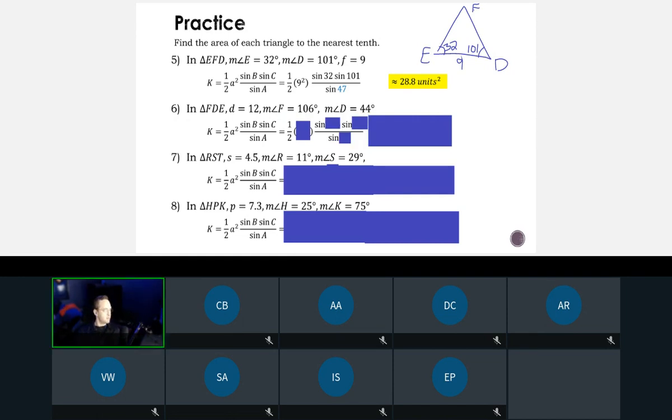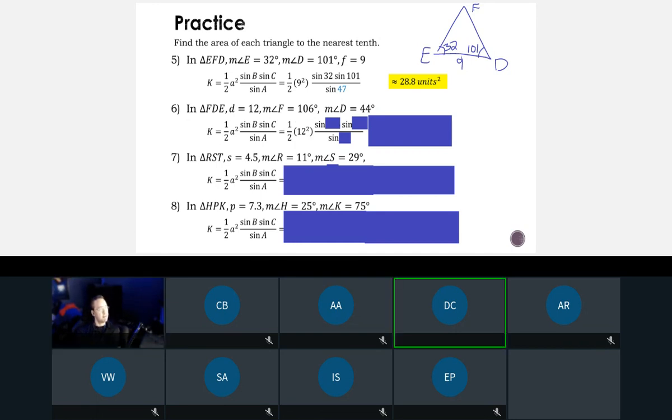All right. Let me ask Antonio and Dianica and Emily. So what number goes in that first blue box that I have covered? 12 squared, yep.